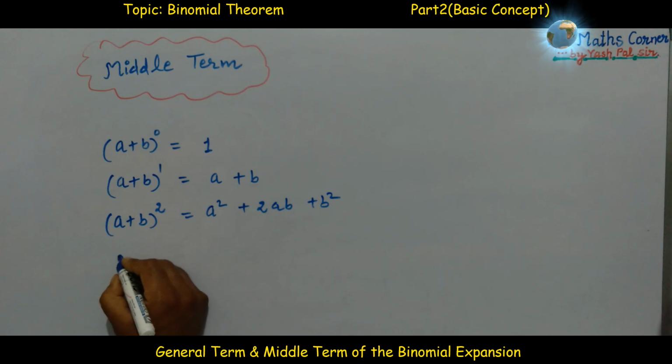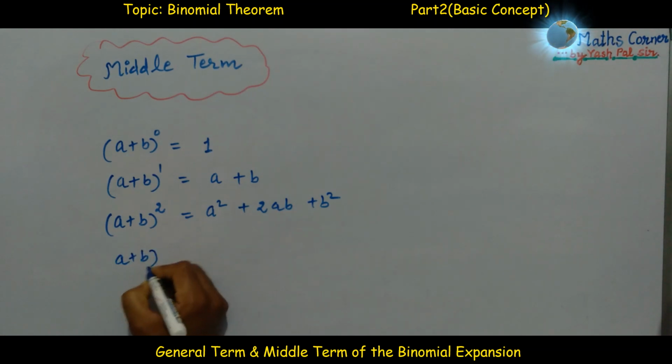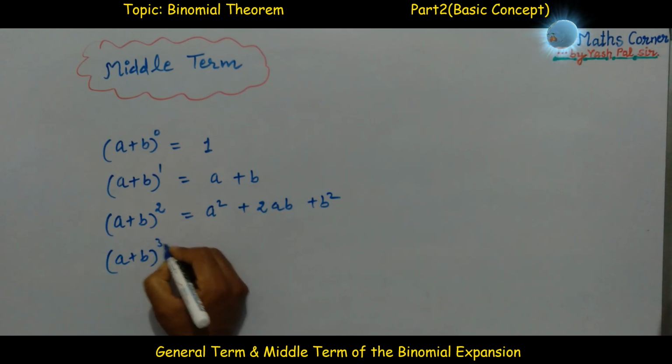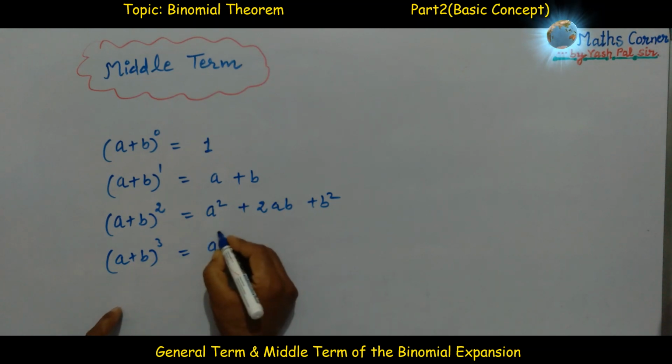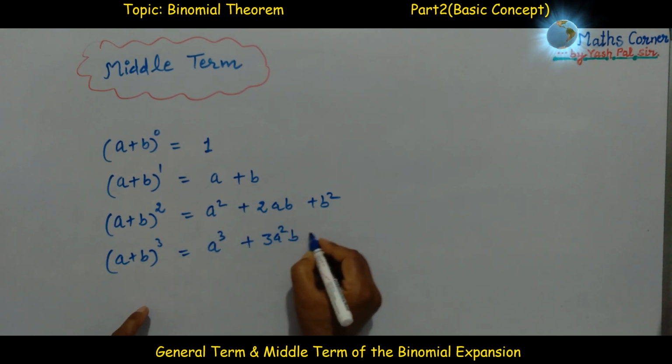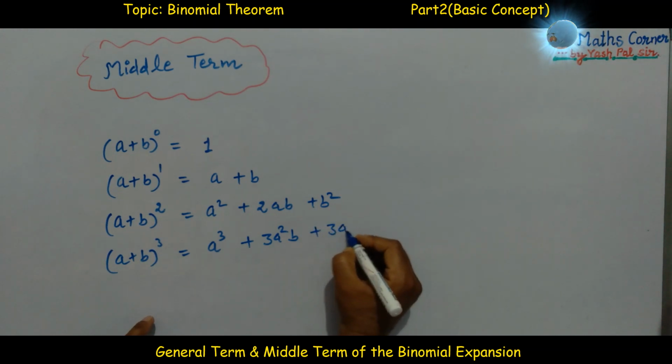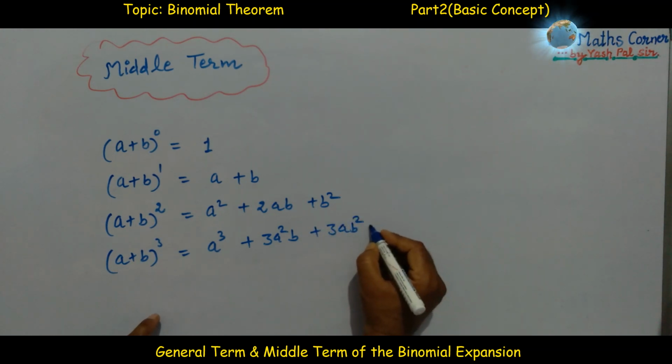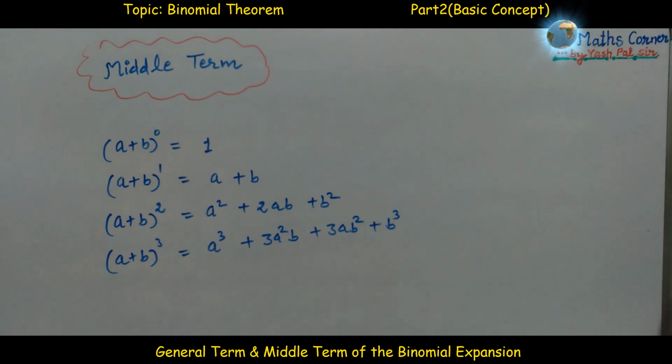Next is (a plus b) whole raised to power 3. This is equal to a power 3 plus 3a square b plus 3ab square plus b power 3.